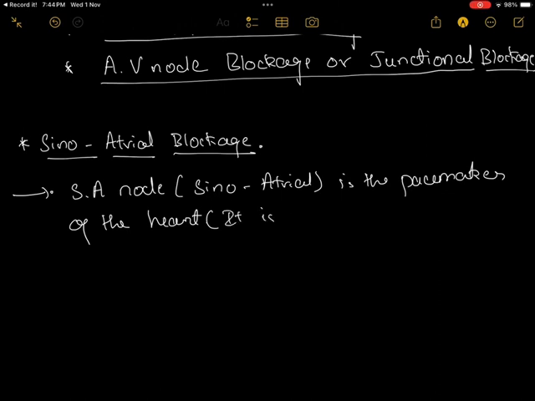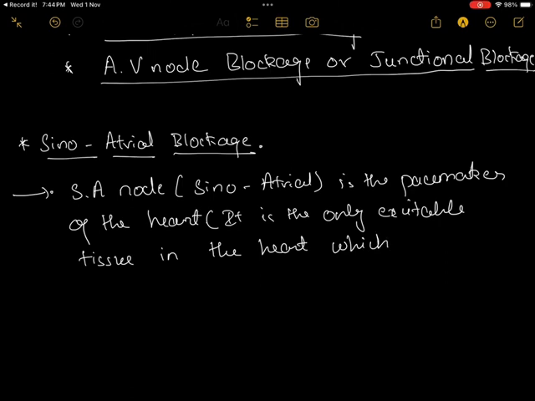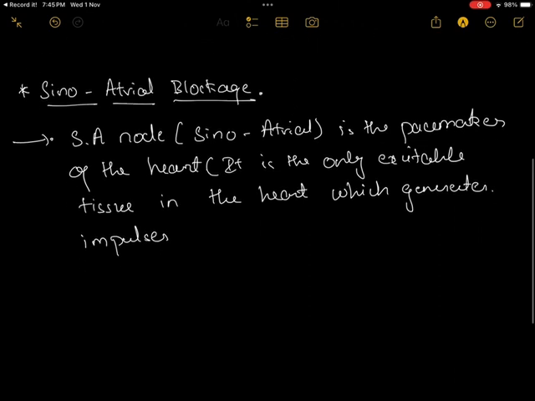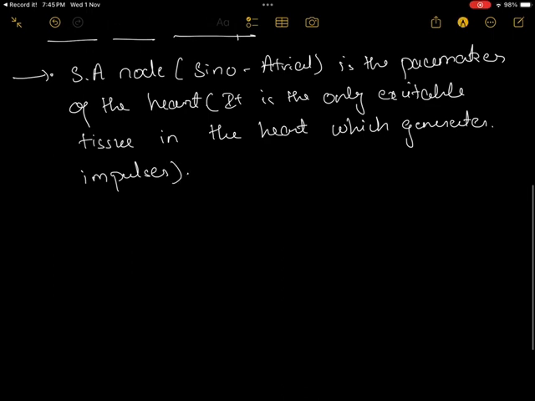it is the only excitable tissue in the heart which generates impulses. So as there is a generation of impulses, there will be recurring heartbeat.